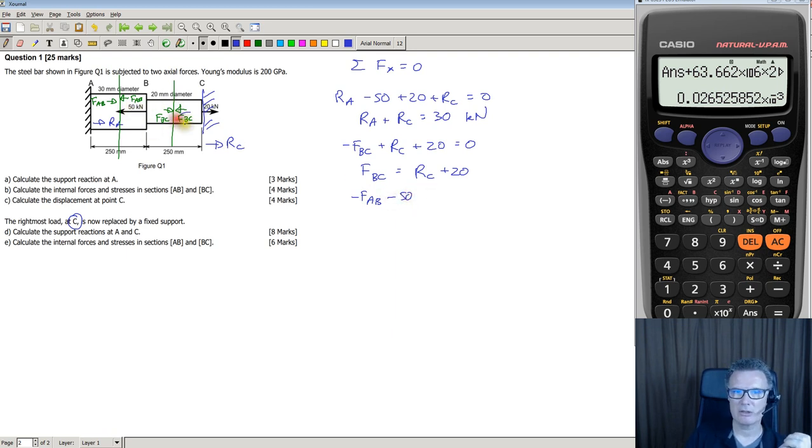These two will be cancelling out. Plus 20 plus RC equals 0. So that's FAB equals RC take away 30.